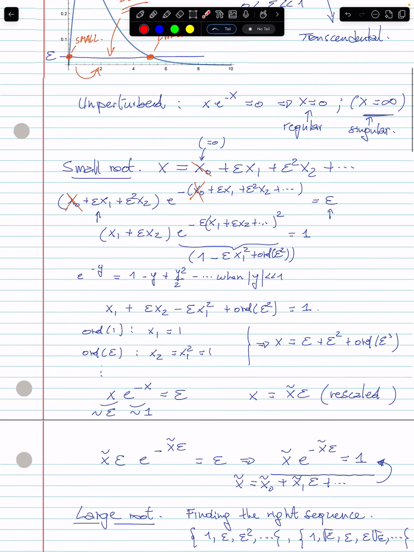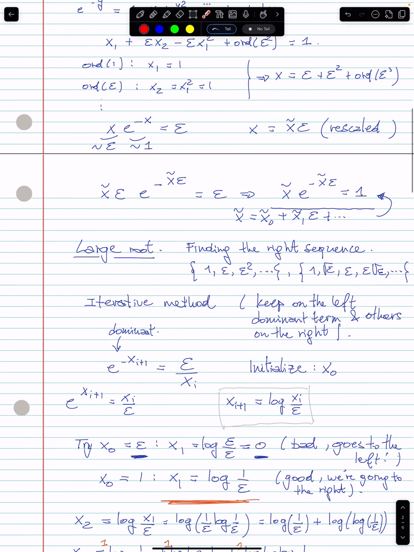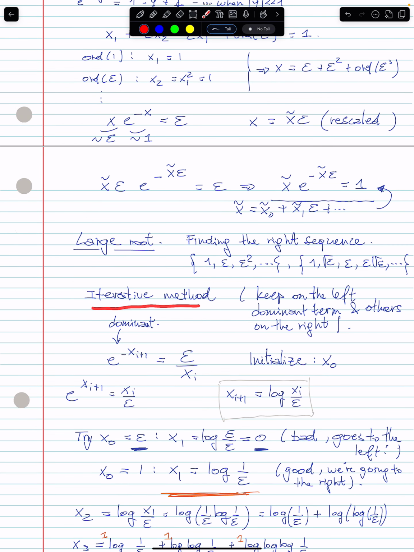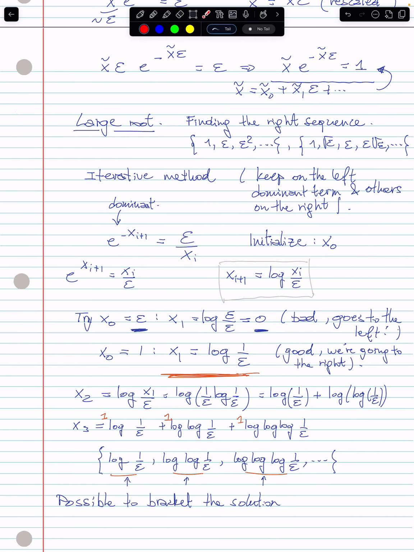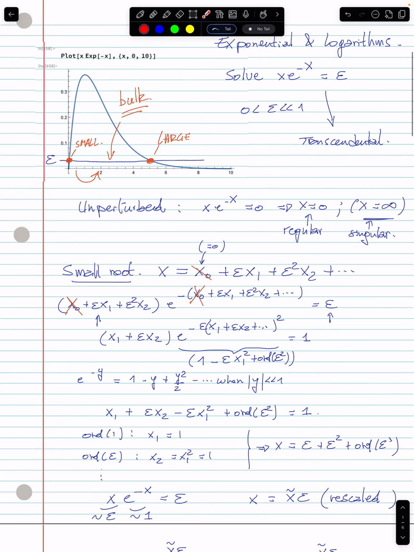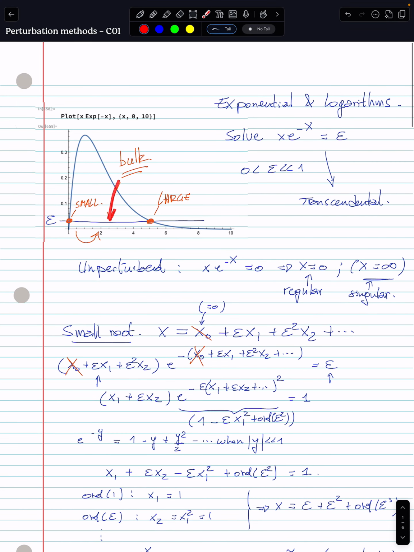And then for the large solution, keep in mind that for the iterative method, you need to use the dominant terms on the left, and then based on that, you provide an iterative method in order to determine successive iterates, which provide better and better approximations to the solution. Then to initialize the process, start in the bulk, which is much better than to start behind the root.